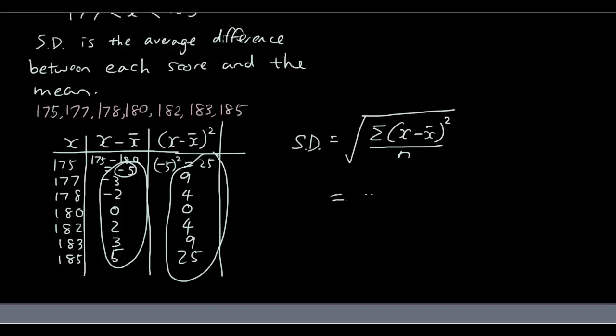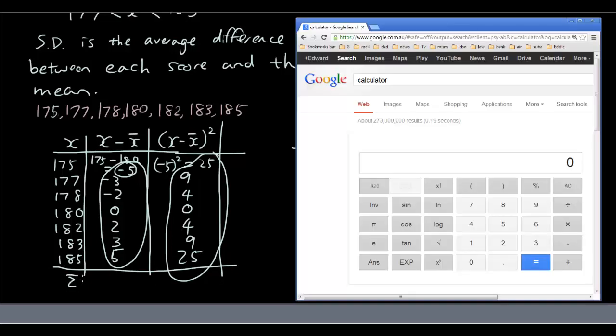So therefore, adding all of this together, we have a sum of, let's go 25 plus 9 plus 4 plus 4 plus 9 plus 25, 76.